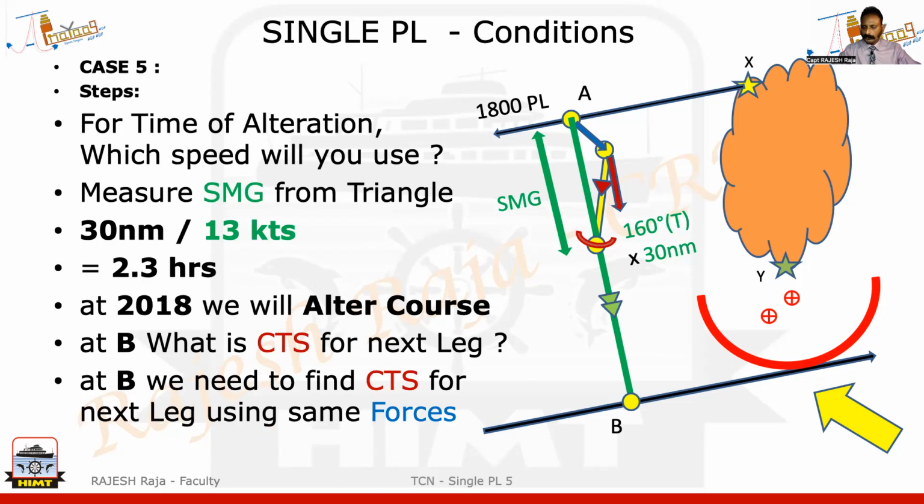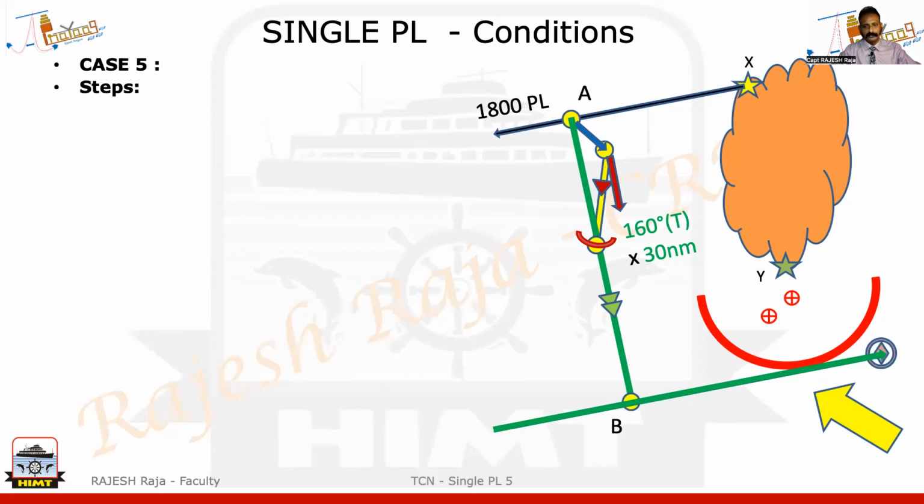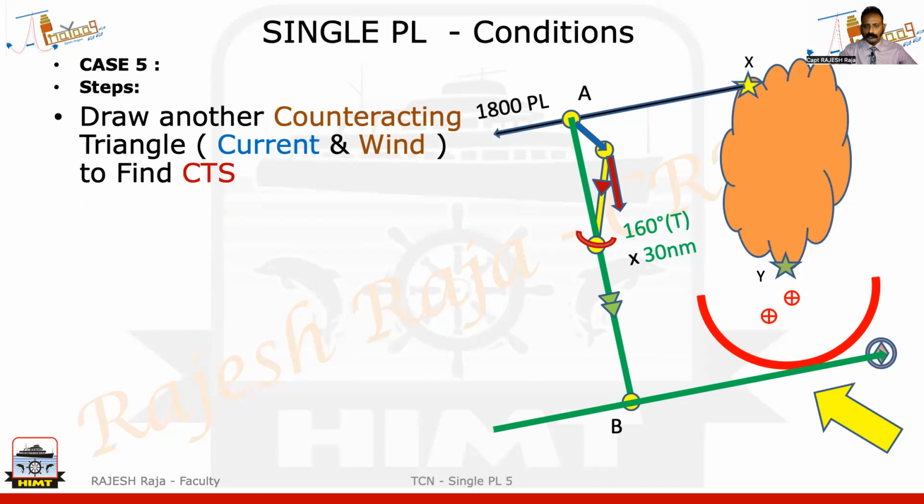Now we have two forces to deal with, the current as well as the wind. So this track will automatically become the CMG track for the second leg. Let us see how to do this. I'm going to draw one more counteracting triangle, this time using the same current and wind, to find the second CTS. The procedure is the same, it is a counteracting method, so I'll consider this as the CMG.